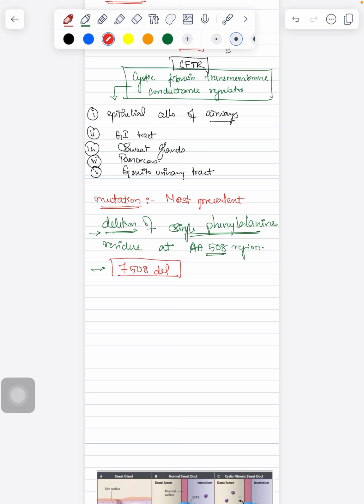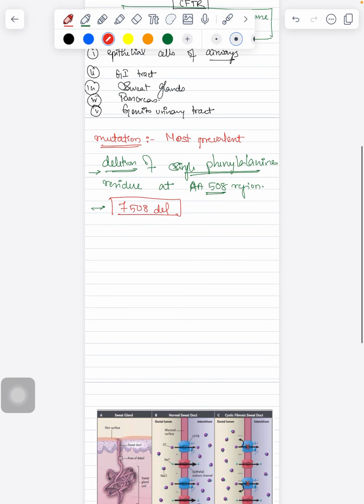Okay, next, going on to the types of mutation. We have a classification of mutation. The classification of mutation is mainly based on the severity of presentation also.